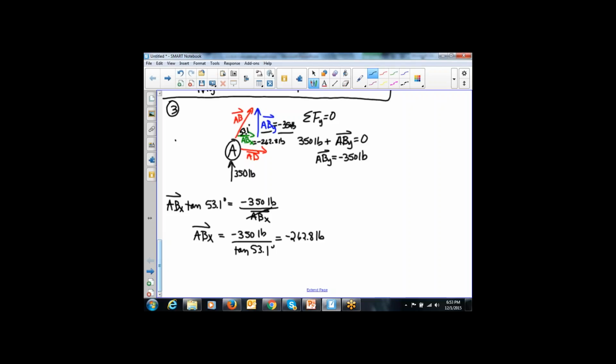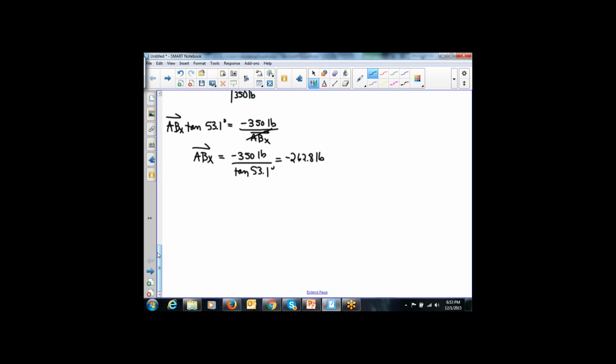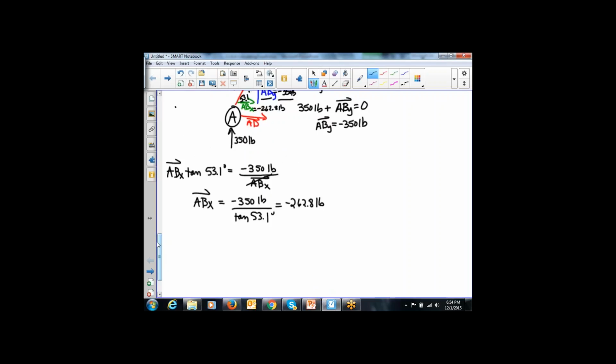We now have some left-right information, which is going to allow us to now sum the forces in the x direction. See if I can get those pieces in this picture still. So if we sum the forces in the x direction, they should be equal to 0. We have a go right of ABX, which is negative 262.8.